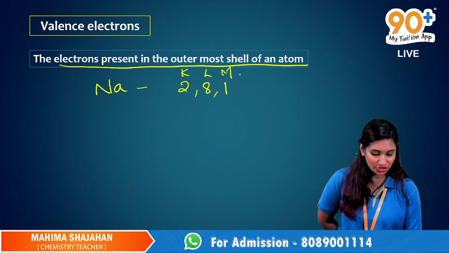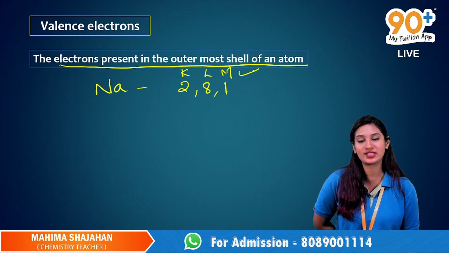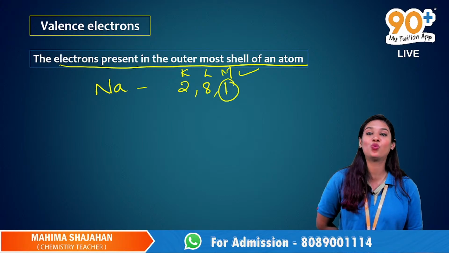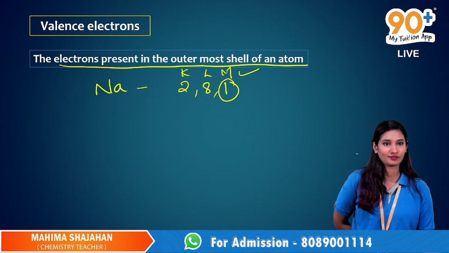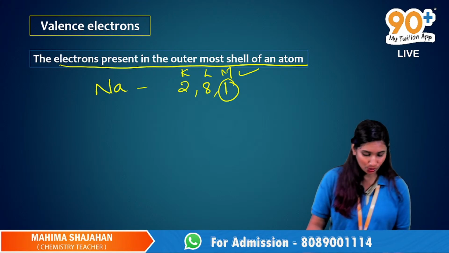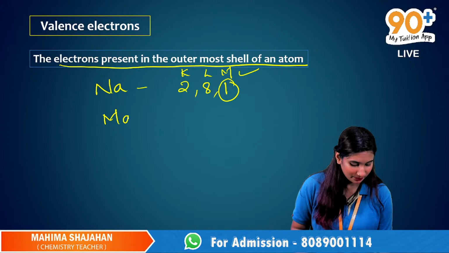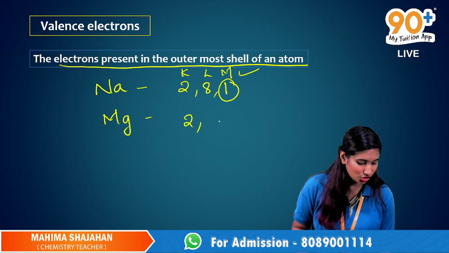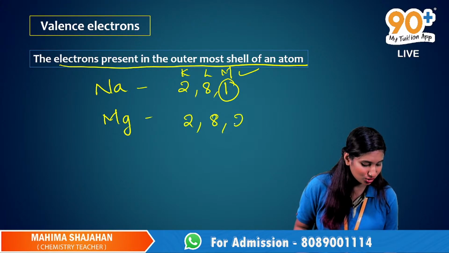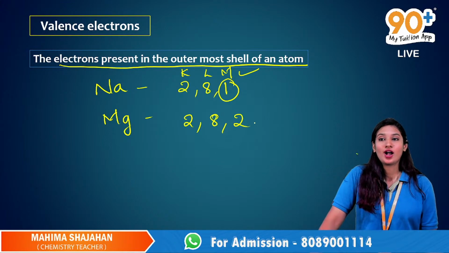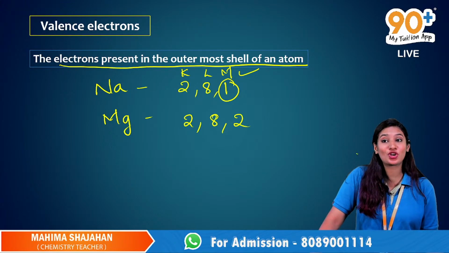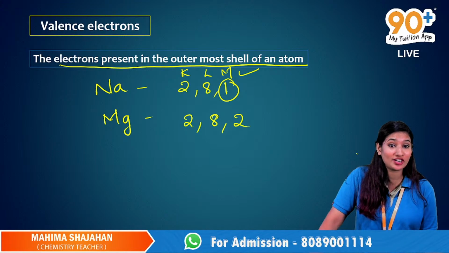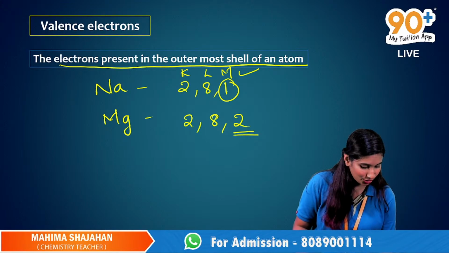Find the outermost shell and find how many electrons are present in the outermost shell. It is 1. Okay, it is 1. So, now what about magnesium? The electronic configuration of magnesium is 2, 8, 2. So, how many valence electrons does magnesium have? Very good, 2.